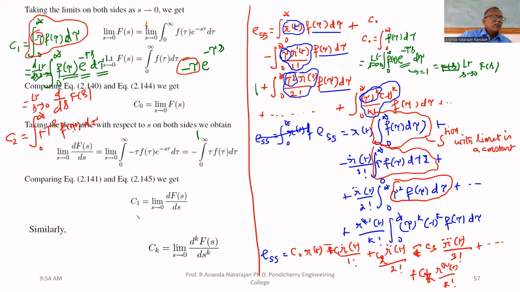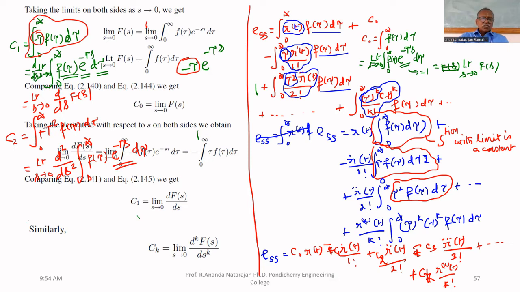So we have to differentiate twice. Limit s tends to 0, d square by ds square of integral 0 to infinity f of tau e power minus tau s d tau. If you differentiate e power minus tau s twice, you will get plus tau square. Every time you will get minus tau, it becomes plus tau.